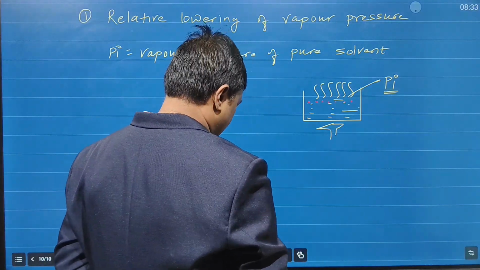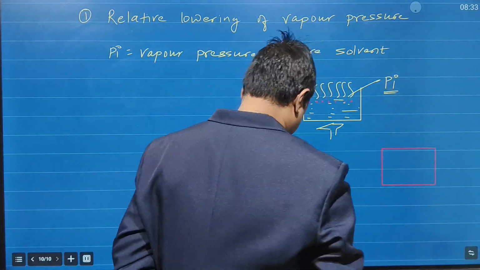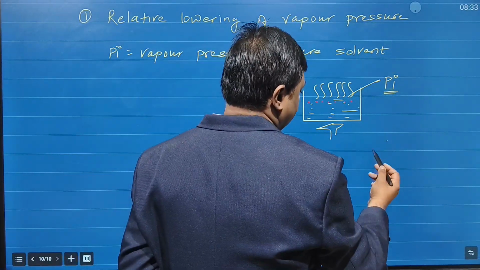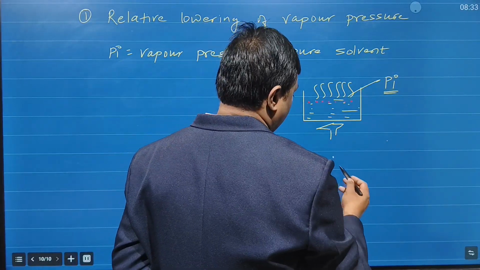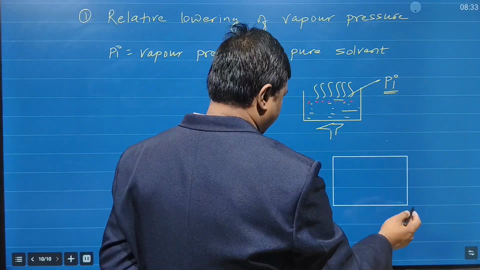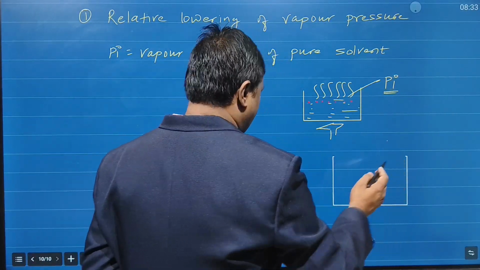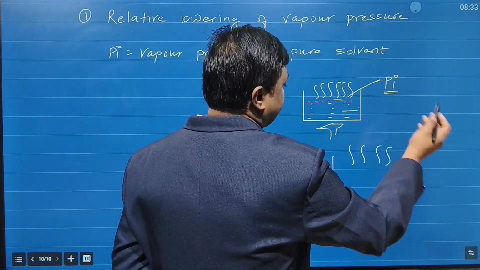Yes or no? After mixing the non-volatile solute, the vapor pressure will be decreased.